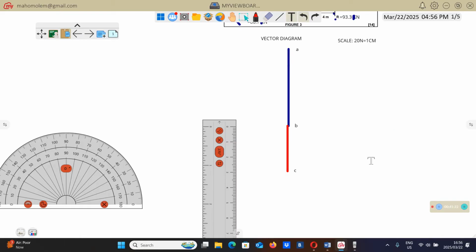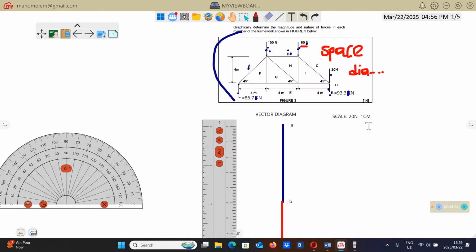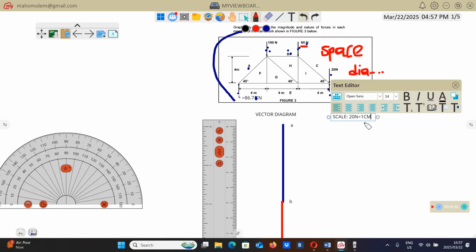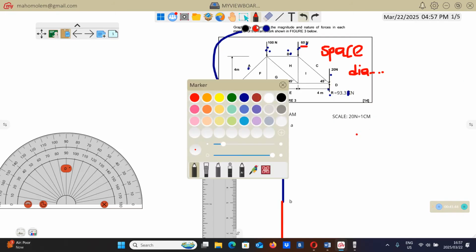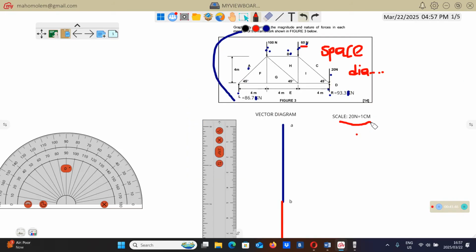Then from there we move to the next force, which is 20. Since this force is acting down, I'm going to draw another line going down. Now this line I'm going to make 1 centimeter. Remember we said that 20 Newton equals 1 centimeter.